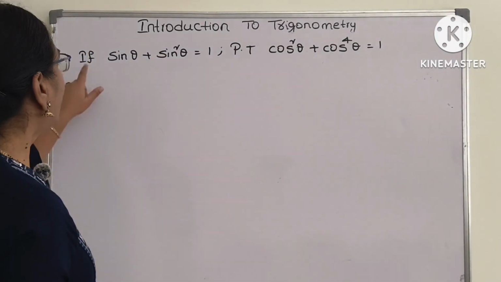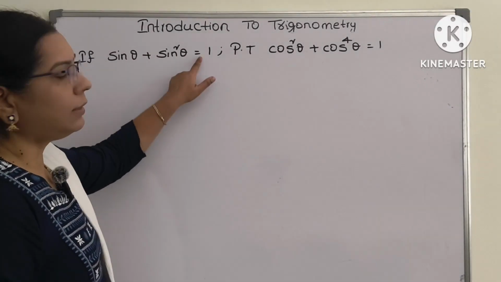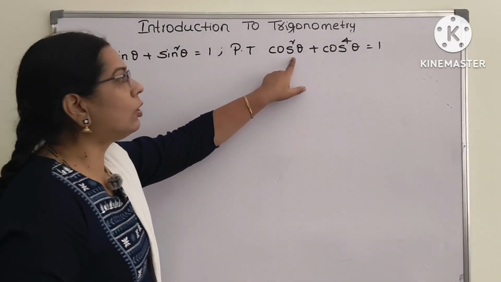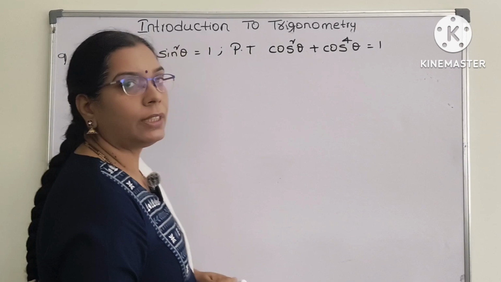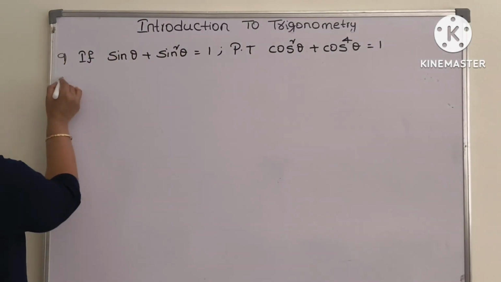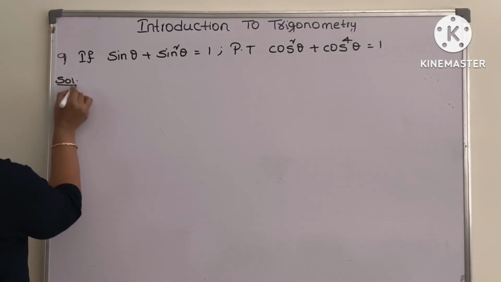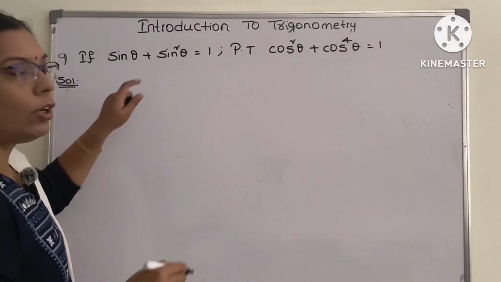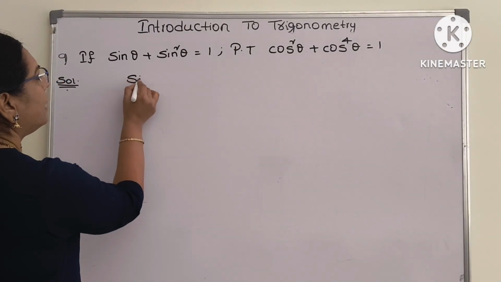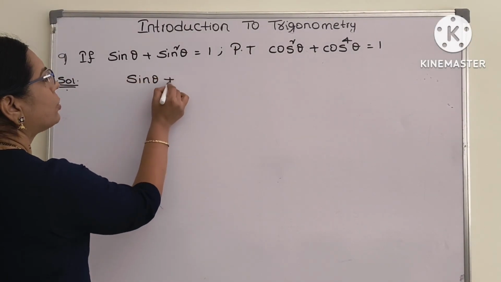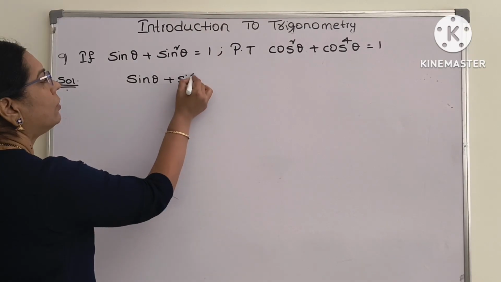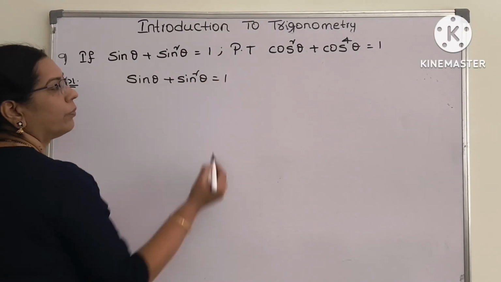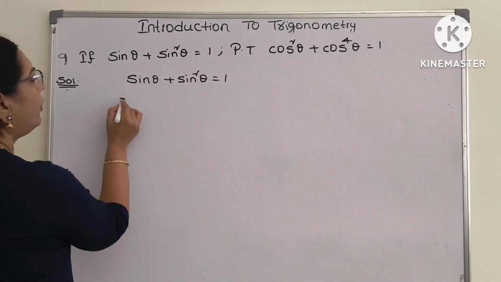The next sum. If sin theta plus sin square theta is 1, we have to prove that cos square theta plus cos power 4 theta is 1. Okay, let us solve. This is very unique, children. Let us take what is given. Given is sin theta plus sin square theta is equal to 1. Now, what do we have to do?